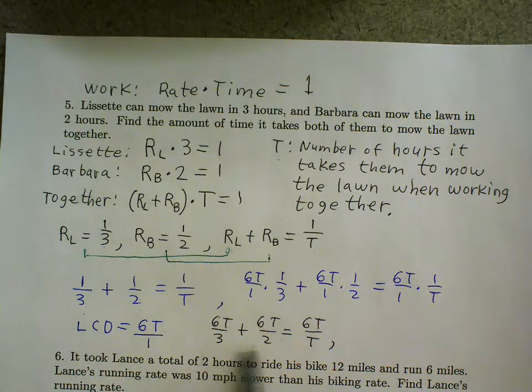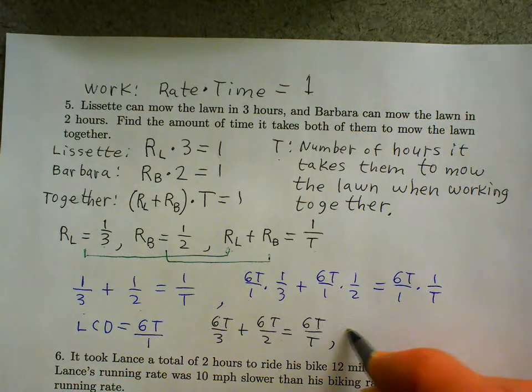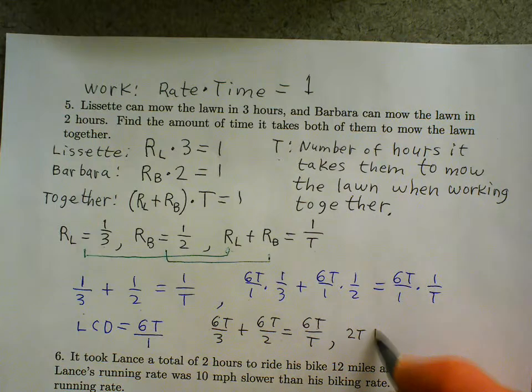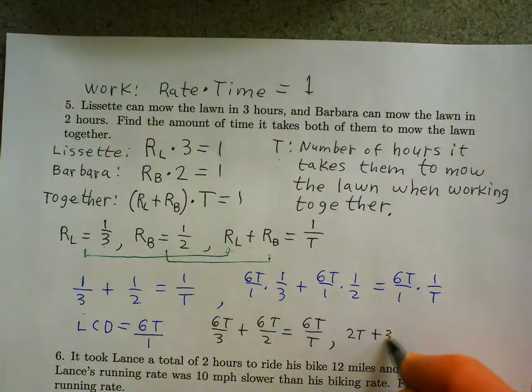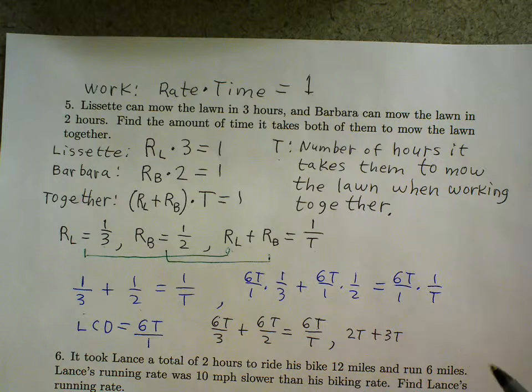And then write each of the fractions in lowest terms. 6T divided by 3 is 2T. 6T divided by 2 is 3T. And 6T divided by T is 6.